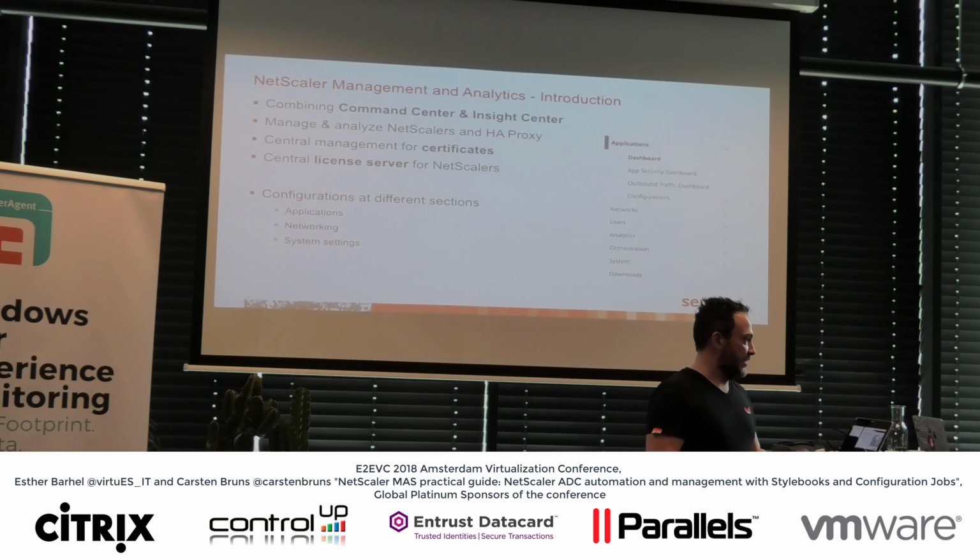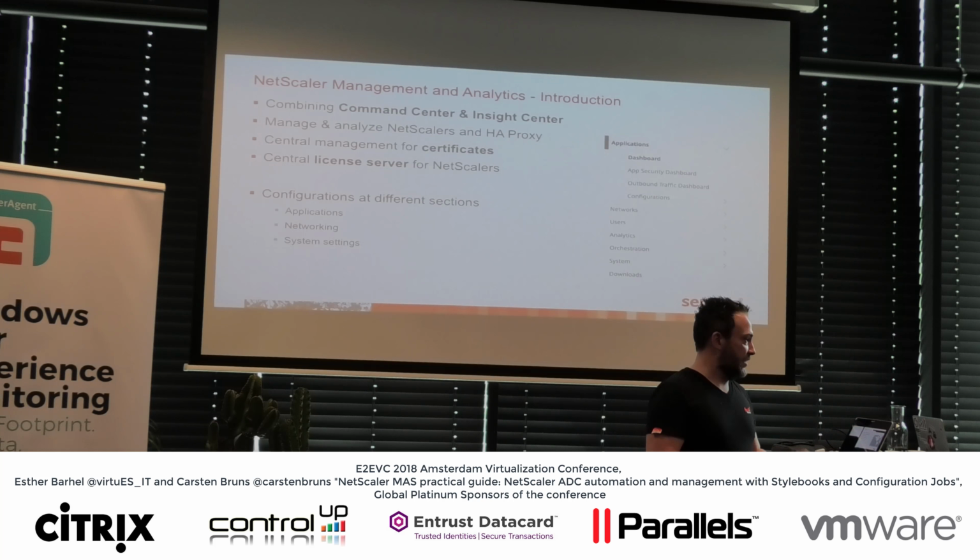So the next topic is, one slide back, sorry. There's one important thing you have to know about the MAS system. It is in 3 different sections. We have networking, applications, and the system settings.